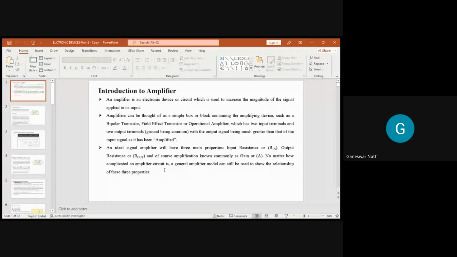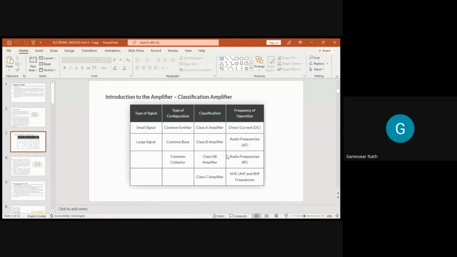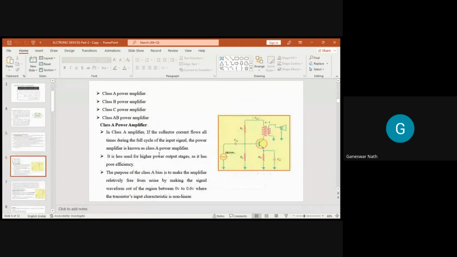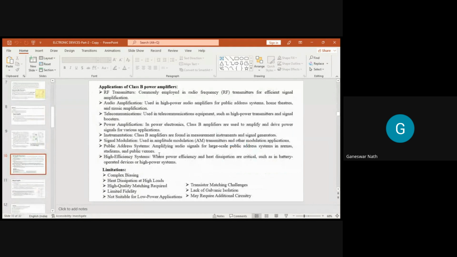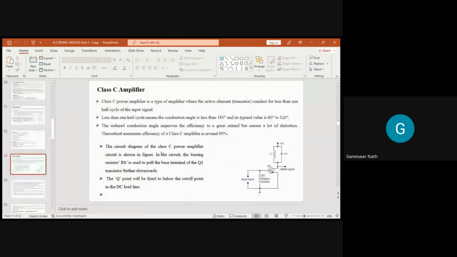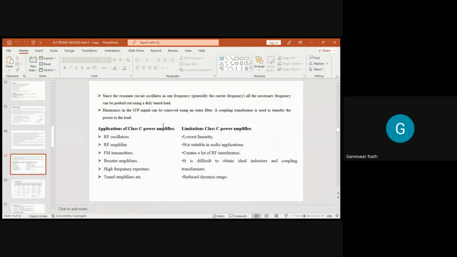Okay. So now I'm going to the second part. This is called the introduction to amplifiers, and in this we'll discuss the different types of amplifiers like class A, class B, class C, class AB, and also their comparison, and we'll discuss in detail the different applications of these amplifiers.